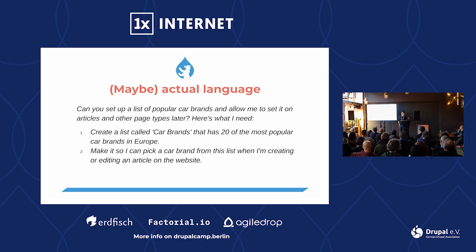So it's going to be tested on students, this actual chat that you saw before. And they're going to be given a task to do something, and it's going to be interesting if they can actually solve this using natural language without knowing Drupal.